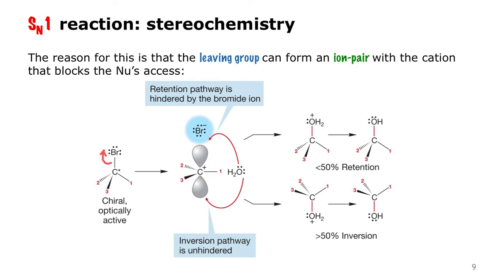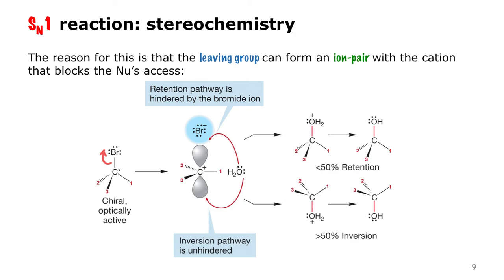That means it's going to impede the approach of a nucleophile. So water in principle can add to either face of this carbocation, either lobe of the p orbital, but its approach from the top face of this structure is impeded by the presence of the bromide ion in this so-called ion pair.